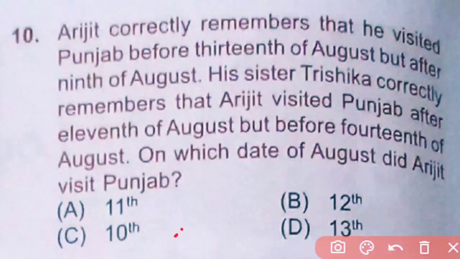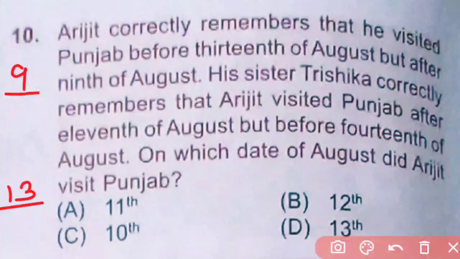On which date of August did Arijit visit Punjab? He is saying he visited before 13 and after 9. After 9th and before 13. Means 10, 11, 12 are the possible dates on which he visited Punjab.